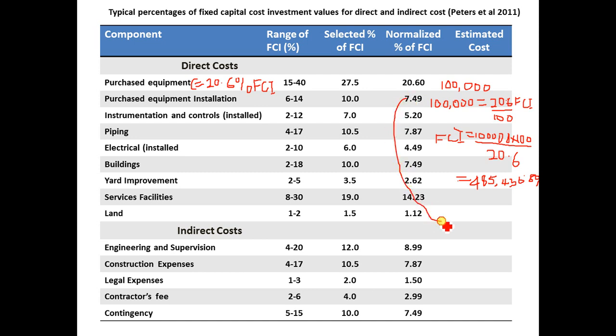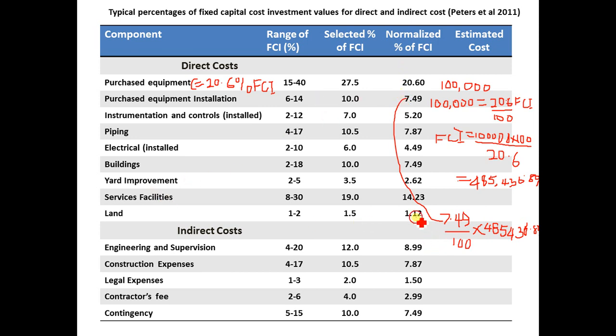For example, if you want to calculate the purchased equipment installation, it's going to be the normalized percentage, 7.49 over 100, times 485,436.89. Whatever you get will be for purchase installation.